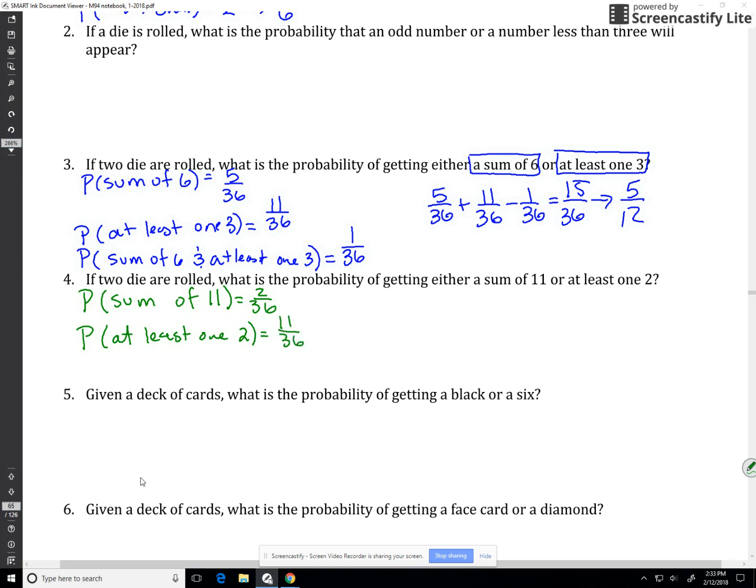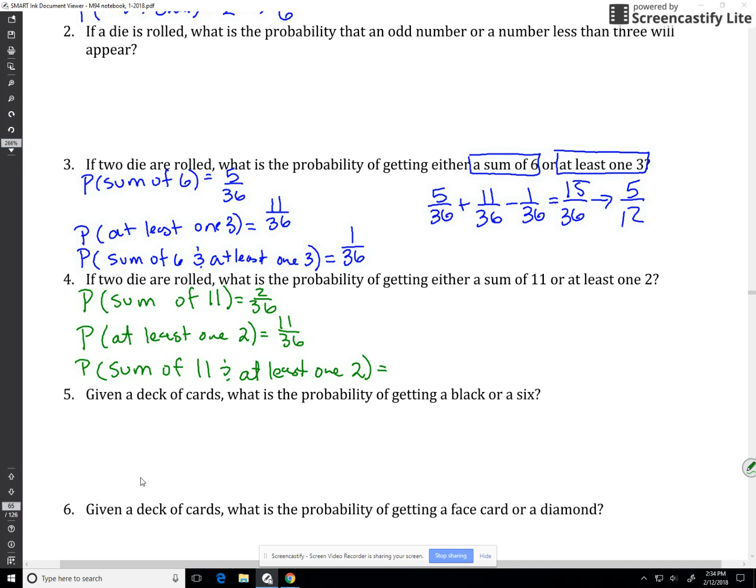Then finally, with 2 die that only go up to 6, and I'm trying to get a sum of 11 and at least 1 2 at one time, that is impossible, because to get 11 using a 2, you'd have to do 2 plus 9, and 9 isn't on a die.